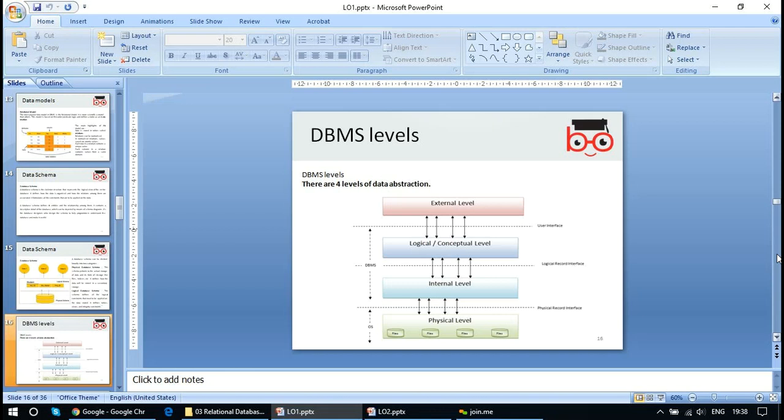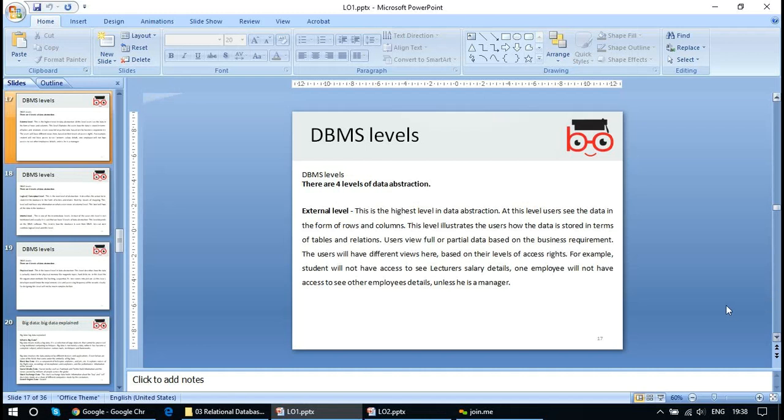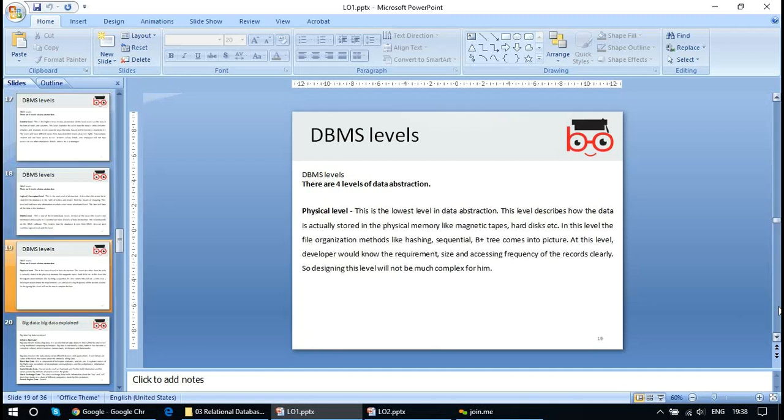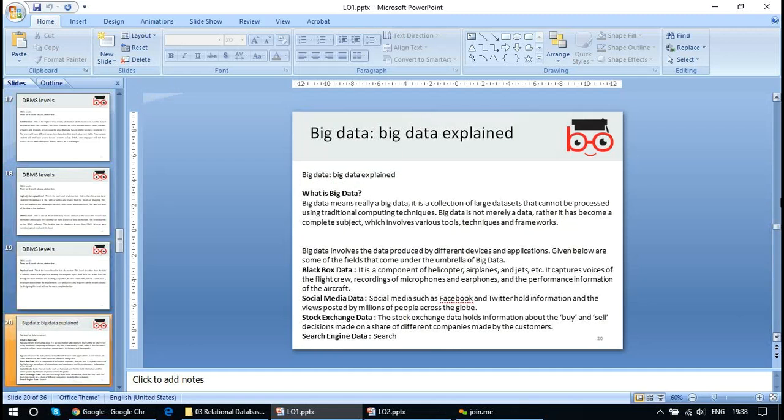And when it comes to the user view, then you exactly look at the output of the database, maybe in a table, maybe in a form, maybe on a web page, whatsoever you are interested in. So these are the definitions about the external, logical, and internal and physical levels.